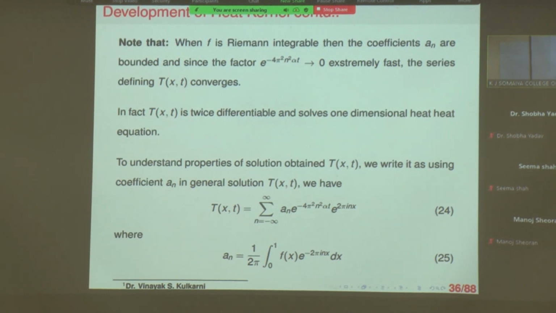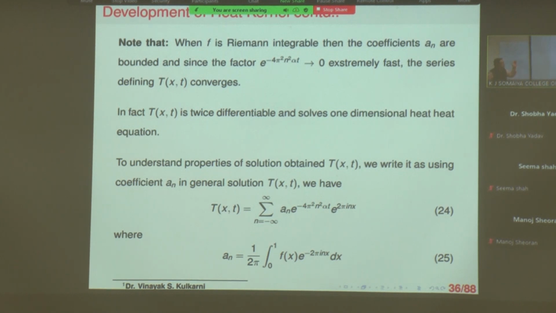And how can I say it's bounded? Because of the factor e to the power minus pi square n square alpha t: as t tends to infinity, this value tends to 0, and therefore this converges to 0 extremely fast. As t increases, this value tends to 0, right?